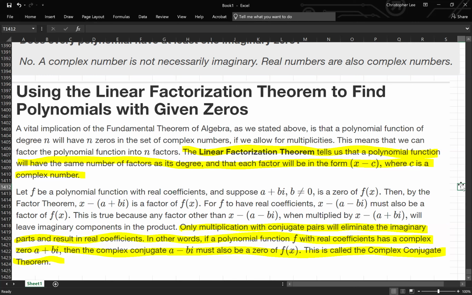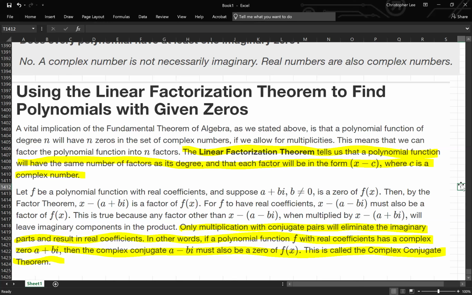If we allow for multiplicities, this means that we can factor a polynomial function into n factors. The linear factorization theorem tells us that a polynomial function will have the same number of factors as its degree, so that's really important right there. And each factor will be of the form x minus c, where c is a complex number.